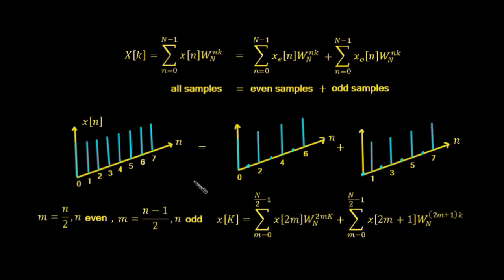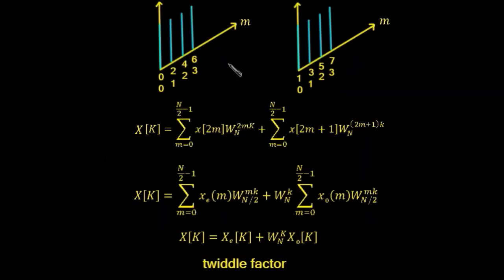So let's have a look in the next slide and we'll see these shifted to the correct position. So what we have here are our even and our odd pulses. So the even pulses run 0, 2, 4 and 6, and those have been shifted to position 0, 1, 2 and 3, and we've got the new index m, and we have our odd pulses which are going to be 1, 3, 5 and 7, and again those have been shifted to position 0, 1, 2 and 3.